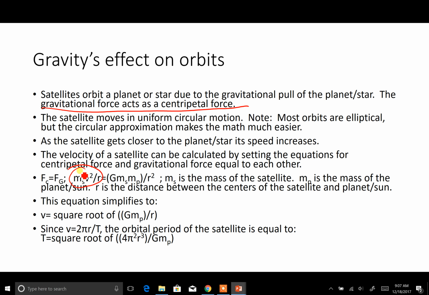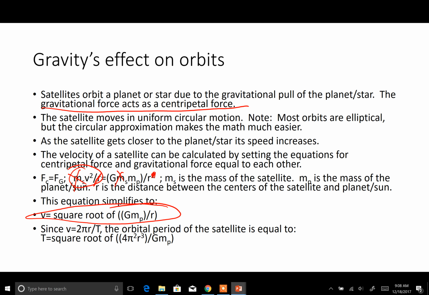Notice that the masses of the satellite cancel out on each side. One r cancels out the square. So when we solve for v, we get v equals the square root of G times the mass of the planet all over the distance between the center of the planet and the center of the object.